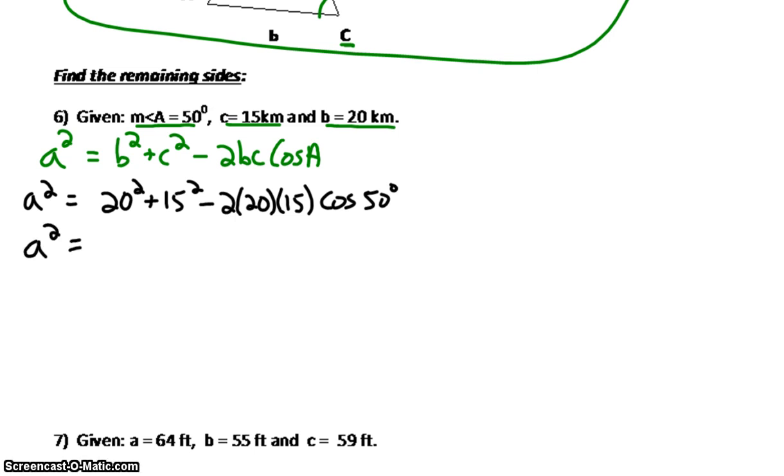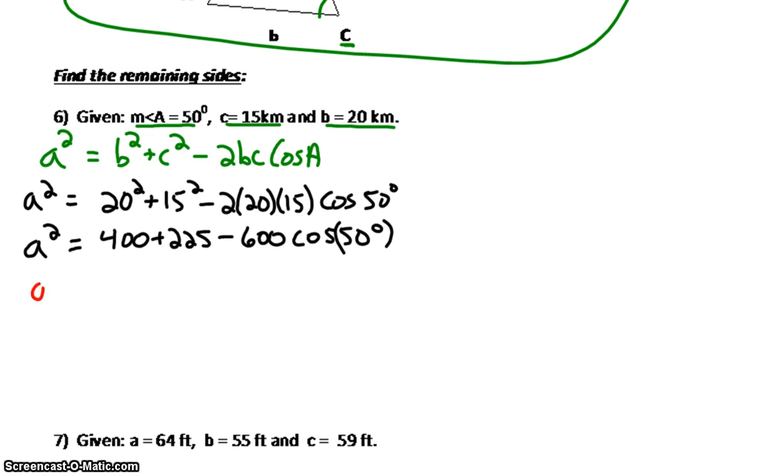In simplifying this, I ended up with 400 plus 225 minus 600 times cosine of 50. I could have already punched all of this in my calculator, but I'm going to do so now.